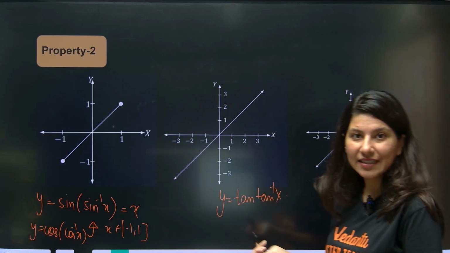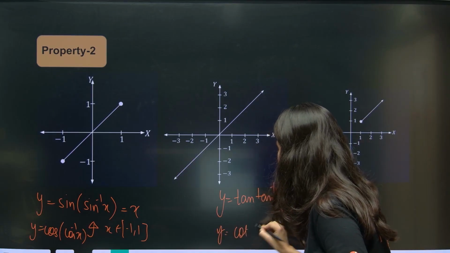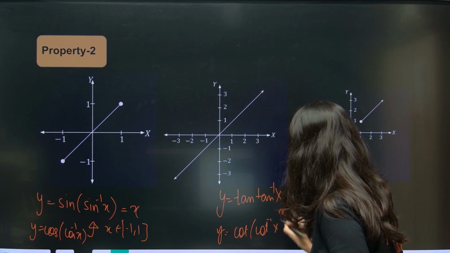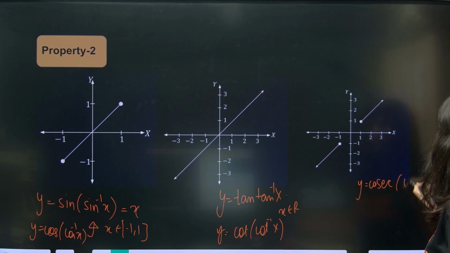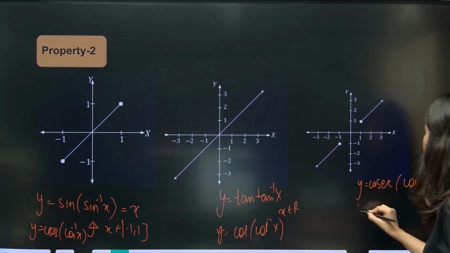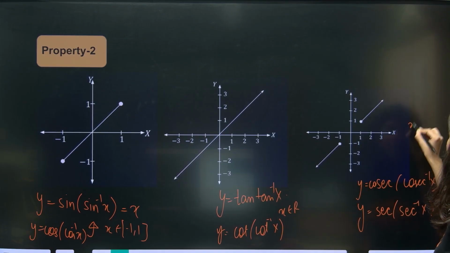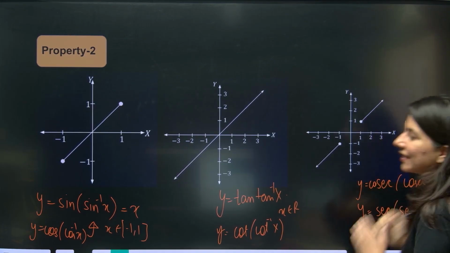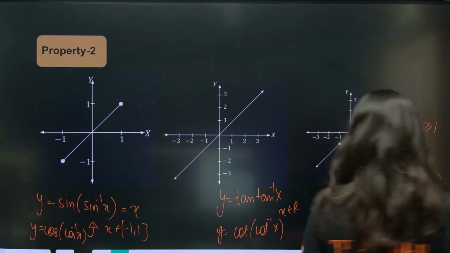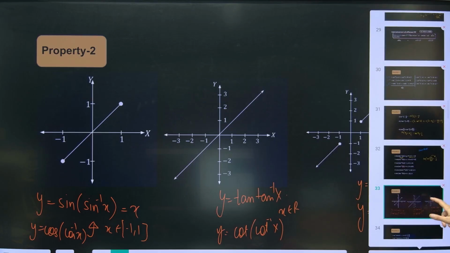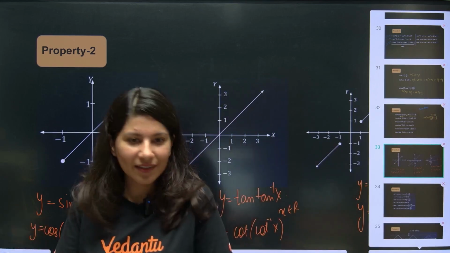Here x can be anything, x belongs to all reals, and the same for cot of cot inverse x. And the rest two will be the graphs of cosec of cosec inverse x and y equals sec of sec inverse x. Here the domain will be what? Mod x greater than or equal to 1, that means greater than or equal to 1 or less than or equal to -1, right? So these are the 3 graphs, and you don't have to remember the graphs, but it will give you better clarity. So property 2 is not very difficult.